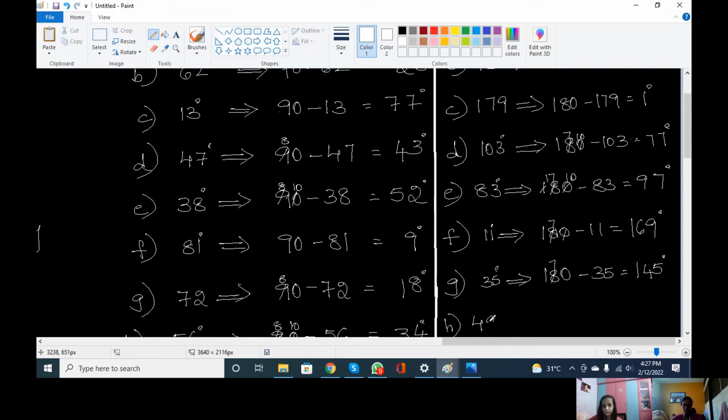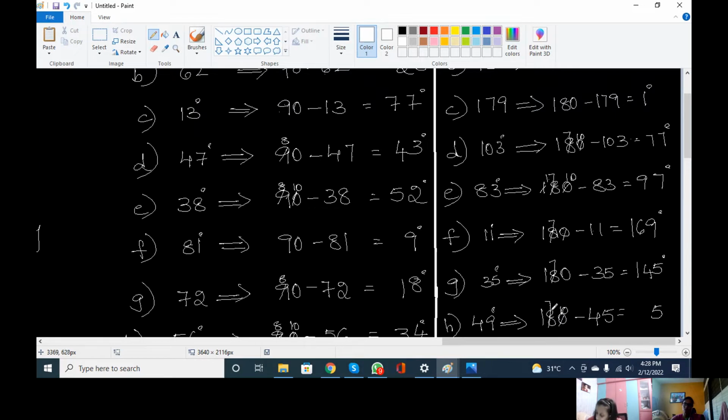Next, 49 degrees. 180 minus 49. How much you get if you take away? Then we will get 10 minus 9, which is 1. And then 8 minus 4 is not 4. 8, 7, 7 here.